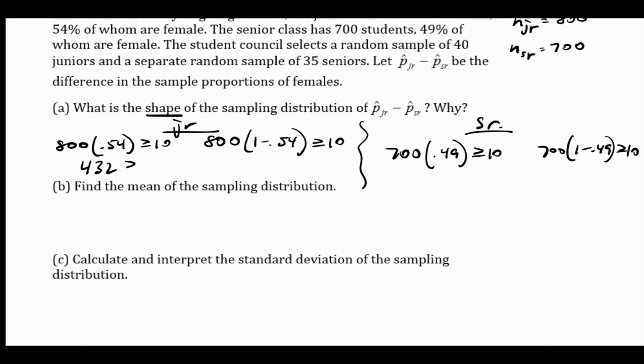First one, I get 432 is greater than or equal to 10. That works out. And then this one is 368, greater than or equal to 10. This one over here is 343, and 357.